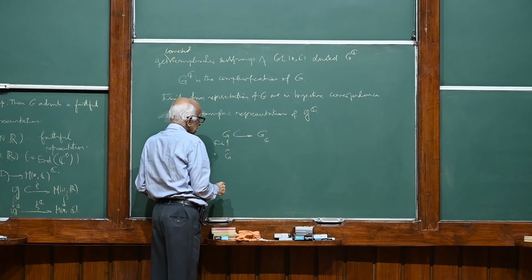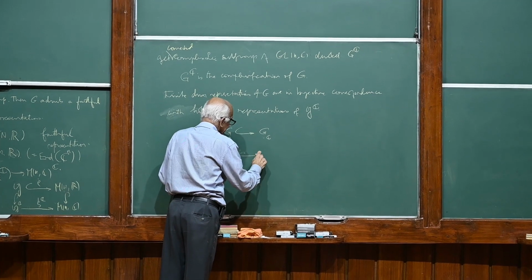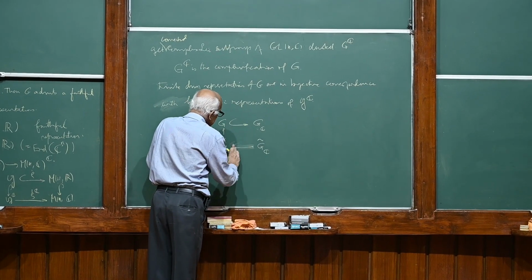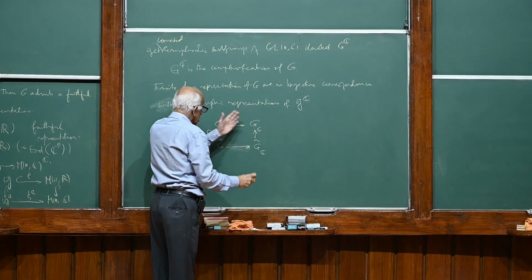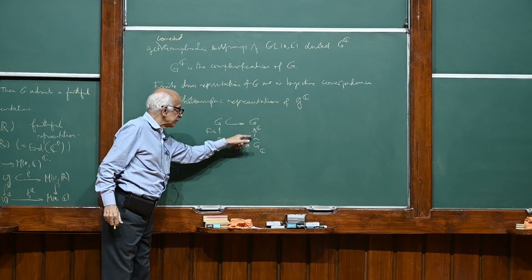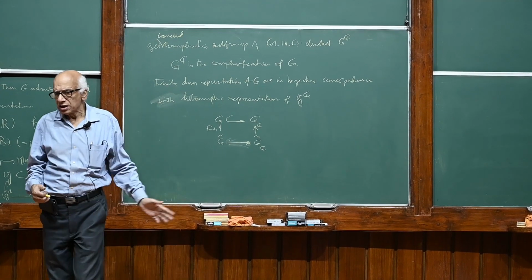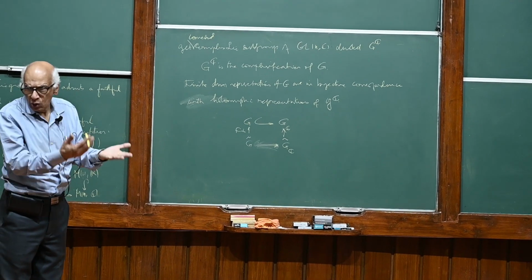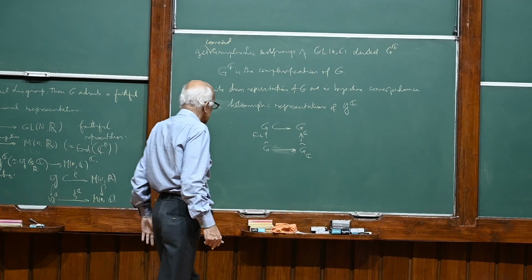It's a finite cover, and clearly, if you take this cover, this automatically lifts the map like this. Using this diagram, it's quite easy. You get the same finite cover here, and using this diagram, you find that representations of G are the same as holomorphic representations of G_C, by bijective correspondence.